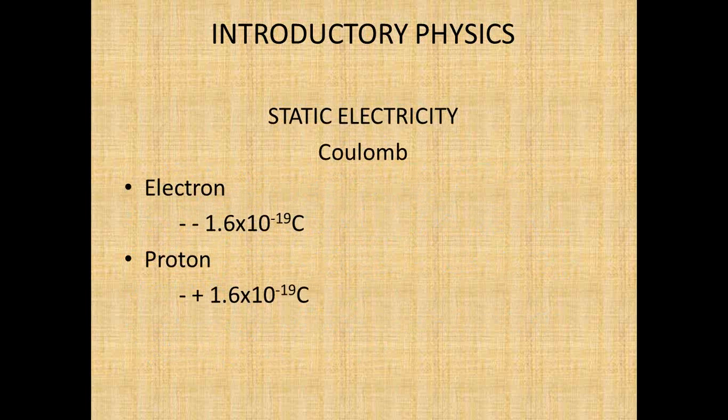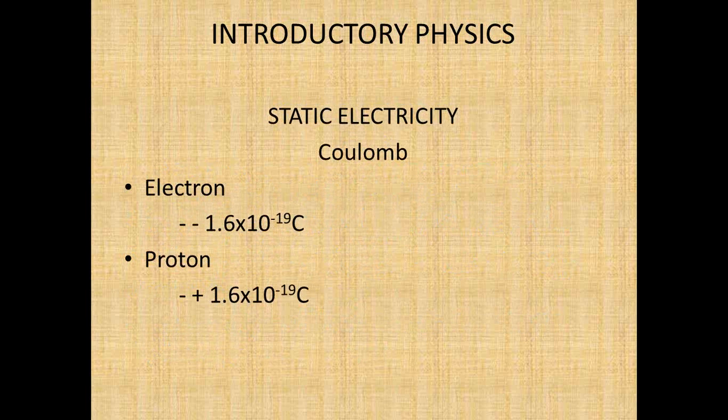Now, what is the charge on 1 electron, and what is the charge on 1 proton? Remember that the charge on the proton is the same as the charge on the electron. It's just that the sign is different. 1 electron has a charge in coulombs of minus 1.6 times 10 to the power minus 19.